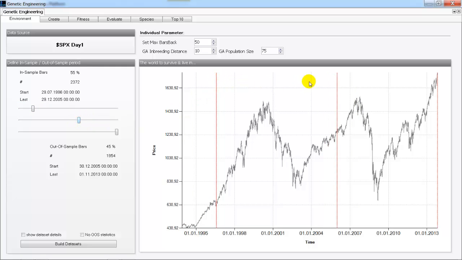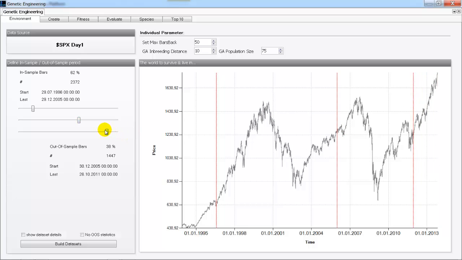Between these red lines here, this will be the in-sample period where the genetic algorithm will run, and after this red line, this is the out-of-sample period, which means that the genetic algorithm will not take into account this data, but you will see the performance figures showing how the derived strategy would have worked on this data, although this data has not been taken into account in detecting it.